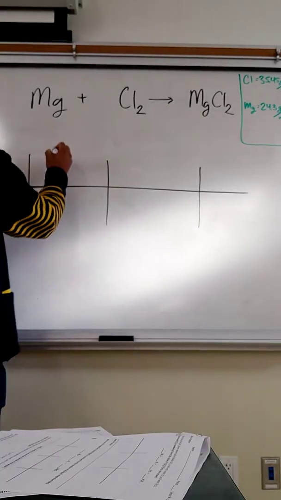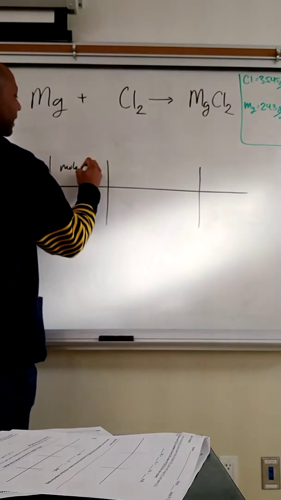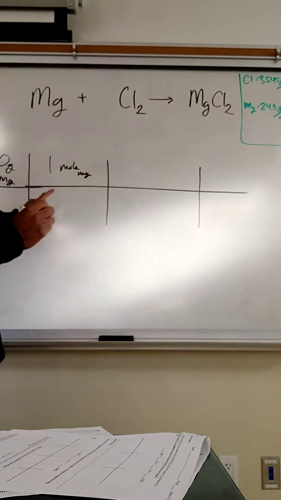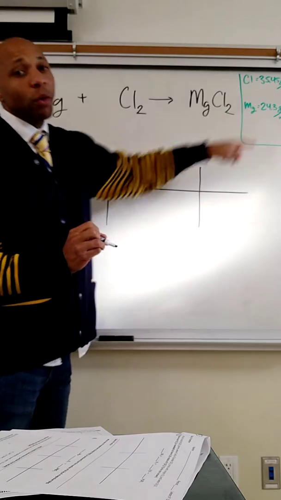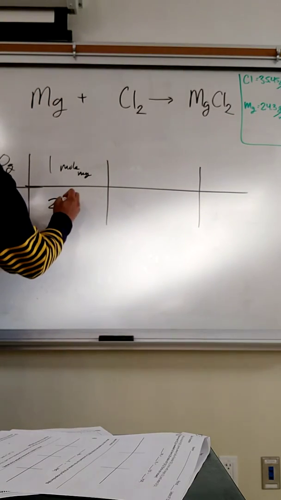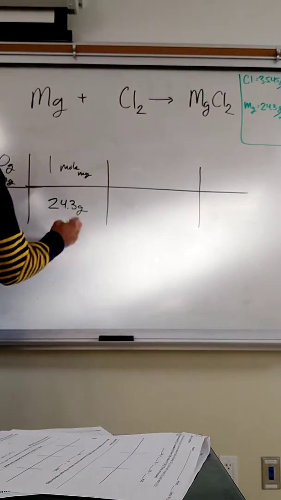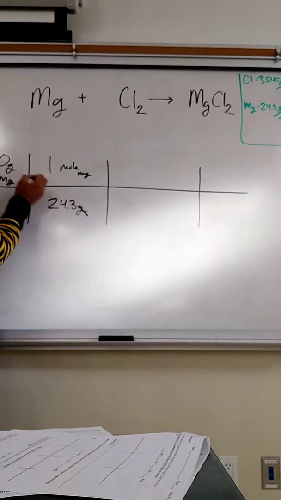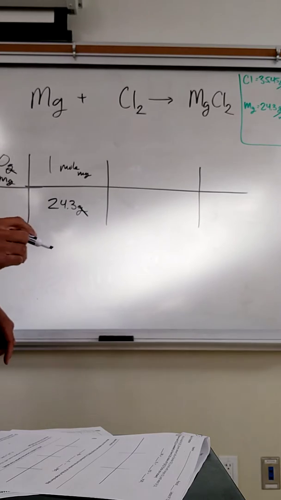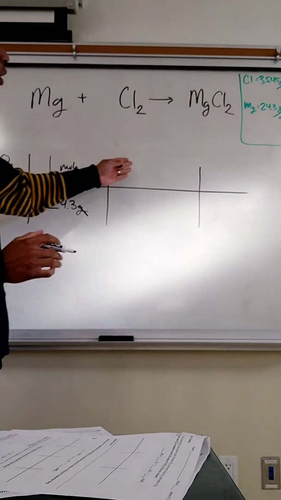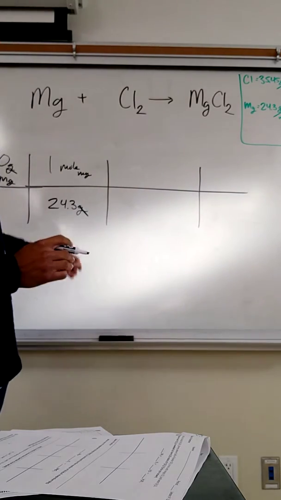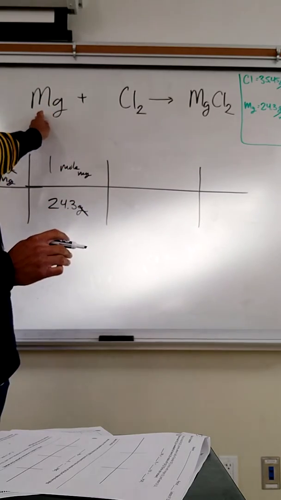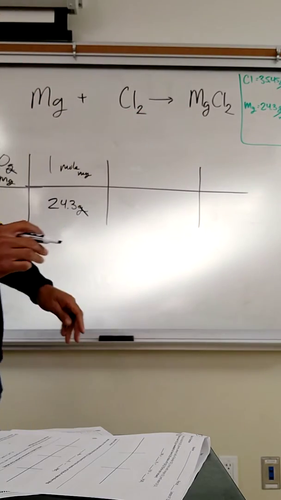So I know that 1 mole of magnesium has a mass of 24.3 grams. I put it on the bottom so I can cancel out my units. Now I want to find the molar ratio between my magnesium and the magnesium chloride.